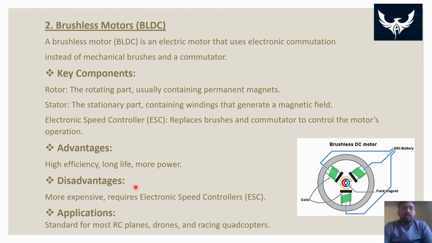So that's why it's also expensive. What are the applications of brushless motors? They are standard for most RC planes, drones, and racing quadcopters. They are mostly used in RC planes and drones instead of brushed motors.